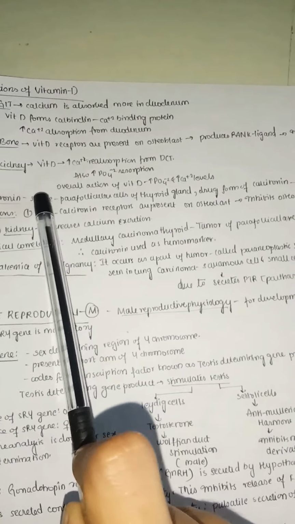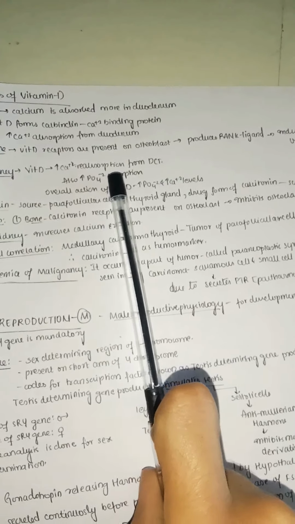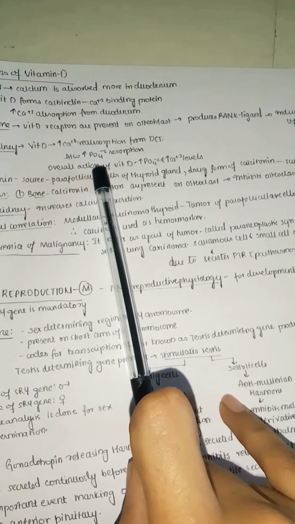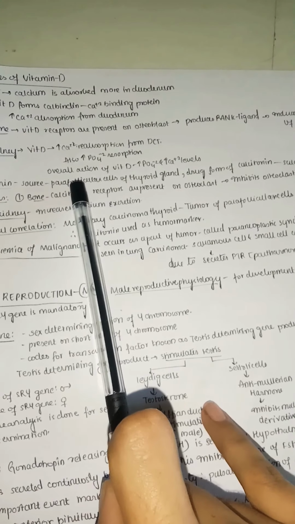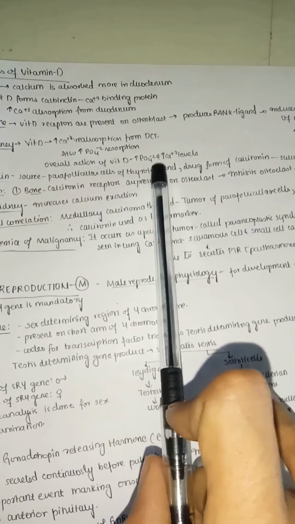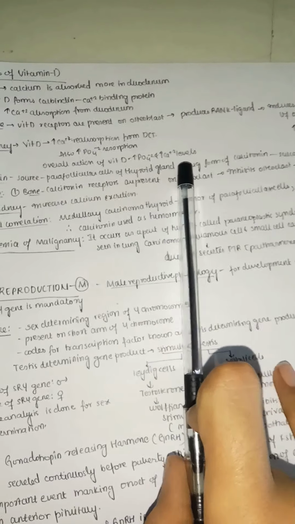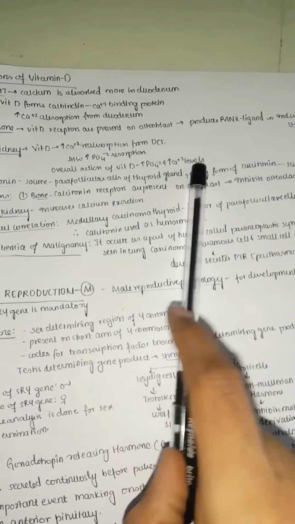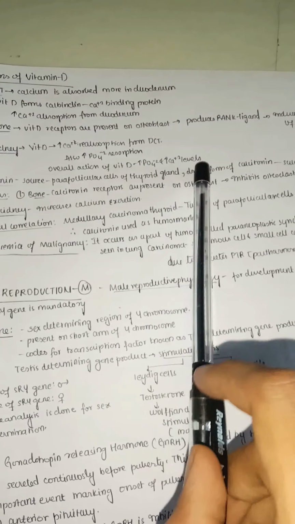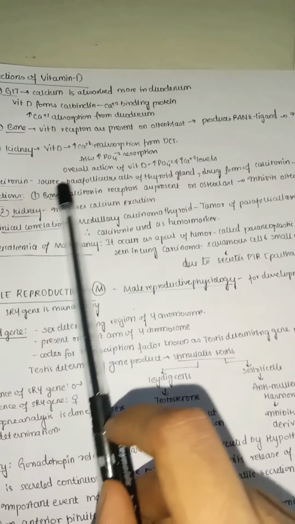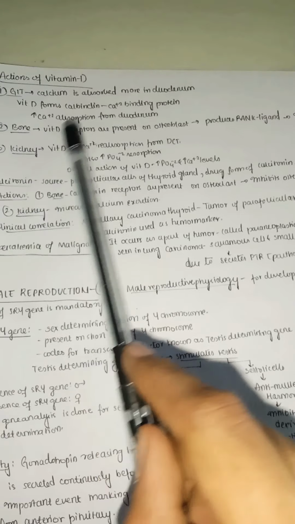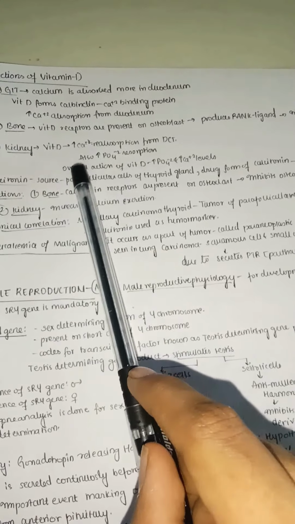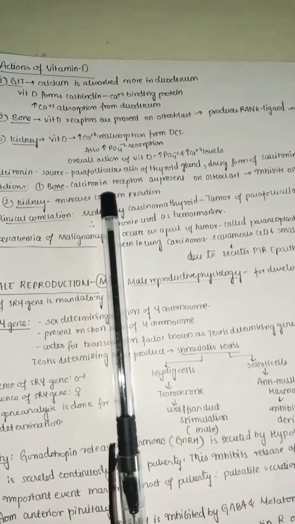And vitamin D in the kidney increases calcium reabsorption, especially from the DCT, and also increases phosphate reabsorption. So the overall action of vitamin D is to increase phosphate and calcium levels. You have seen before, parathyroid hormone decreases the phosphate, whereas vitamin D increases both phosphate and calcium levels, because in the kidney vitamin D also increases phosphate reabsorption, not only calcium.